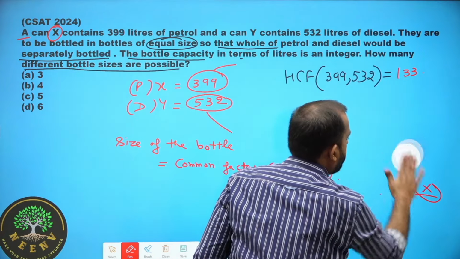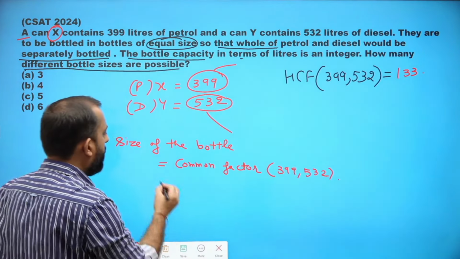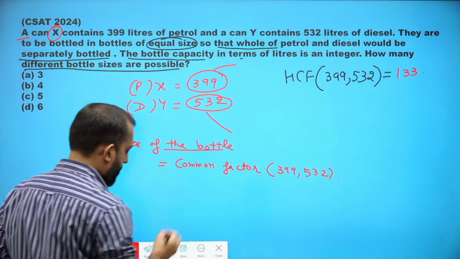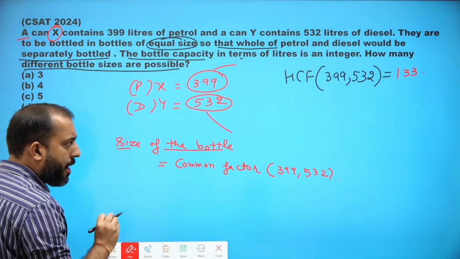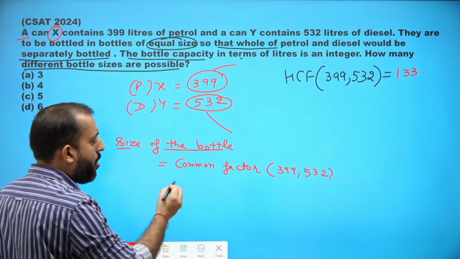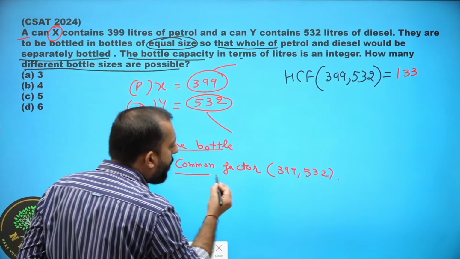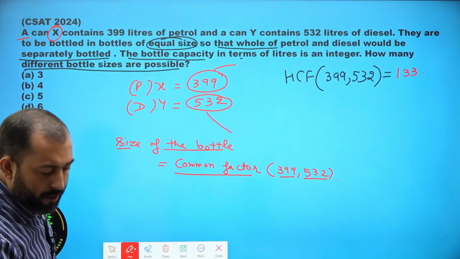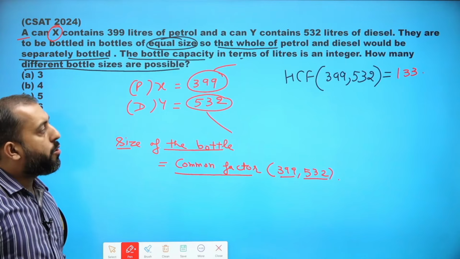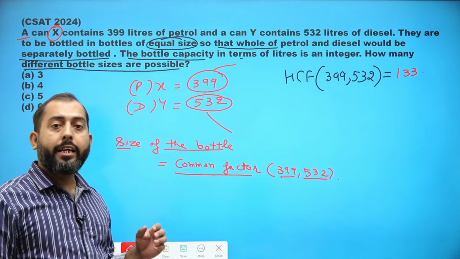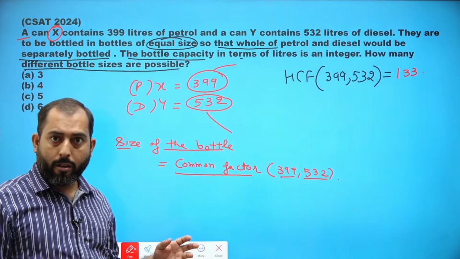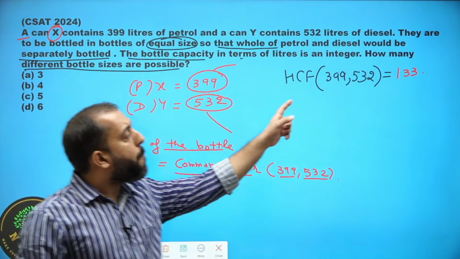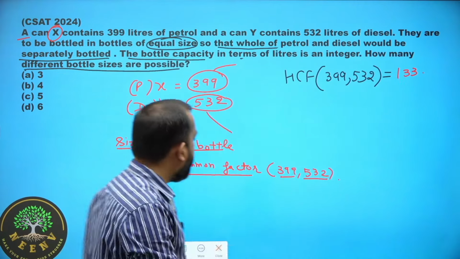Now see guys, we are looking for the size of the bottle. How many bottle sizes are available? So bottle sizes must be common factors of 399 and 532. One of the common factors is going to be their HCF.